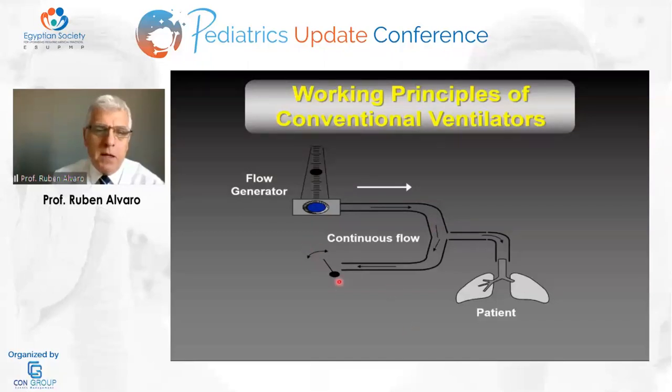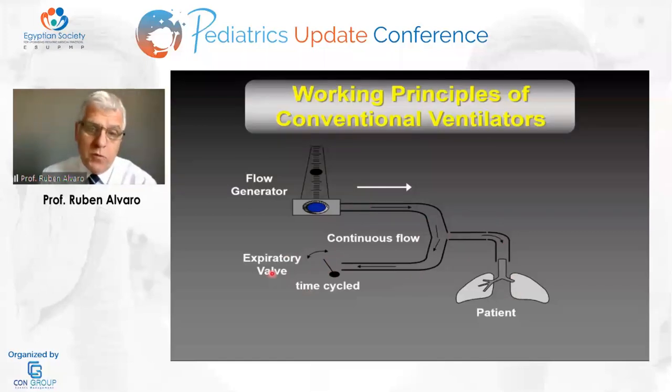And then at the other end, we have an expiratory valve that will open and close according to a set cycle time. So when the inspiratory time that you set is over, this expiratory valve will open and the air, instead of going into the patient, will go out. And that will begin the expiration.